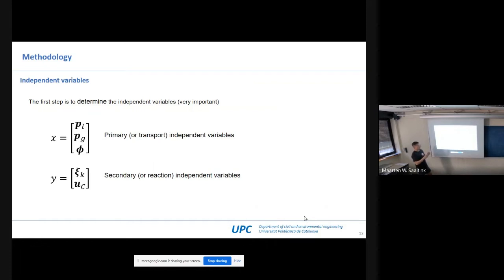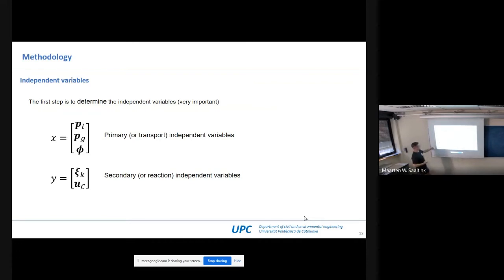For instance, here we choose the liquid pressure, gas pressure, porosity, and the mass of kinetic species and the component. We may have many components, so the number of secondary or reaction independent variables may be very huge.